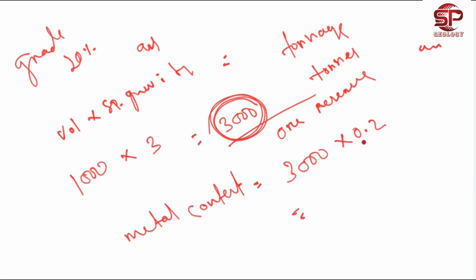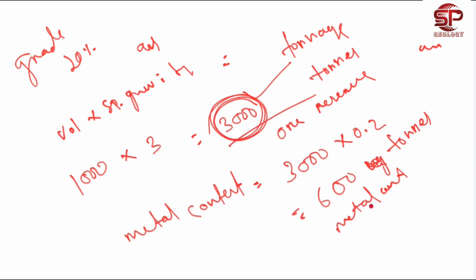That will be 600 tons. Oh, sorry, tons. 600 tons of metal content is there. So if we process 3000 tons of ore, then we will get 600 tons of metal.